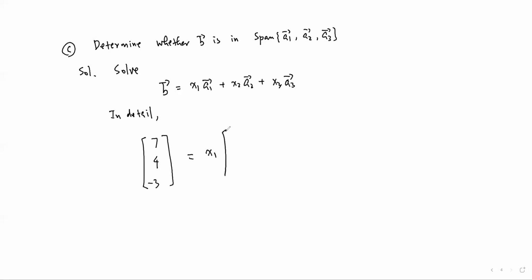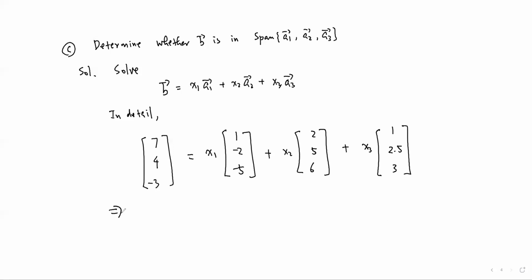Vector A1 is 1, -2, -5. A2 is 2, 5, 6. And A3 is 1, 2.5, and 3.